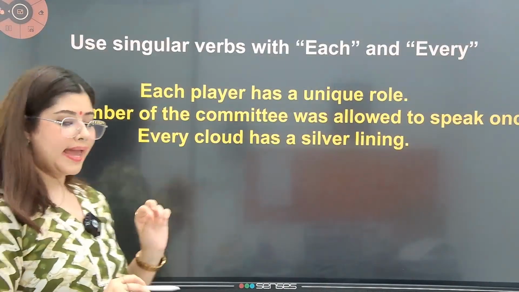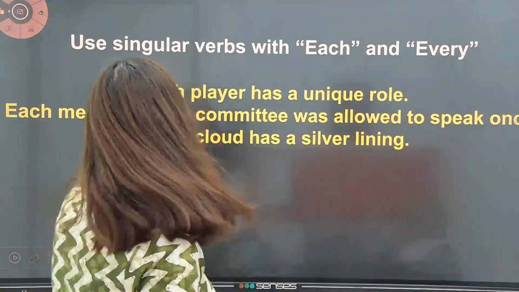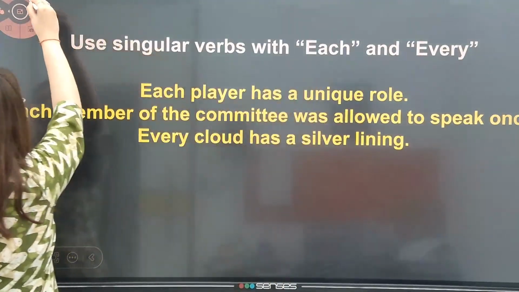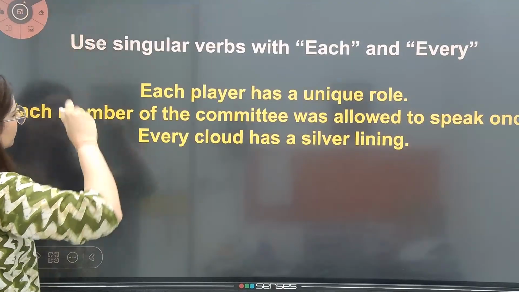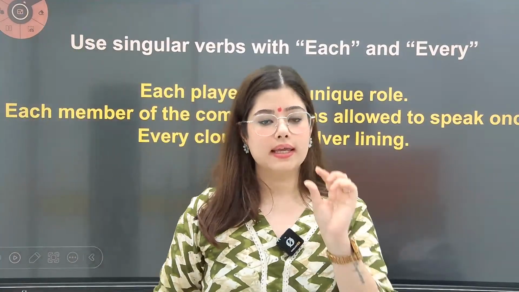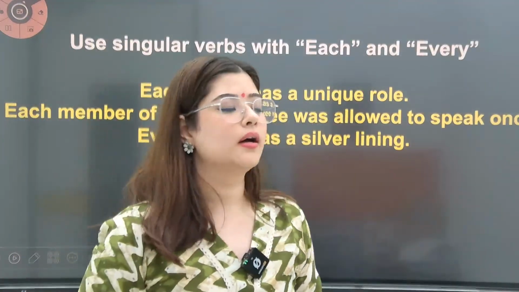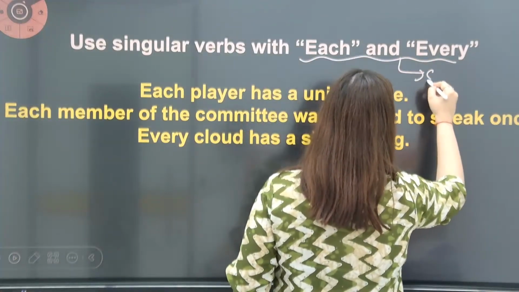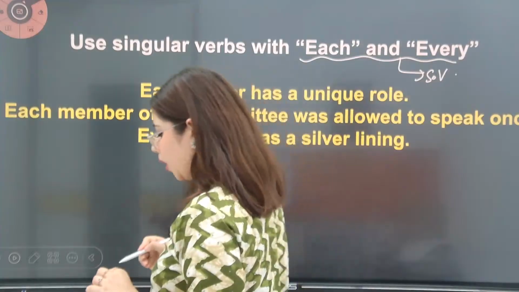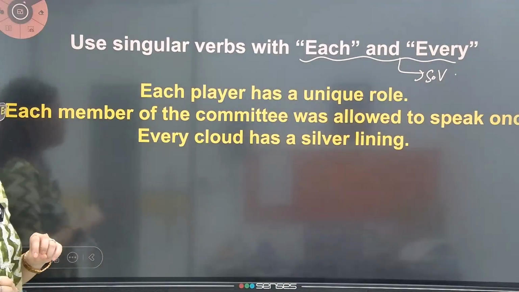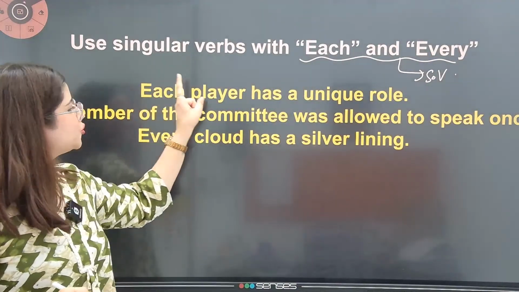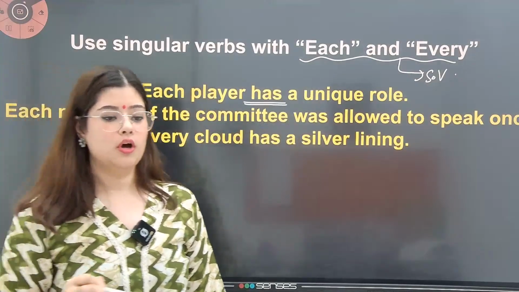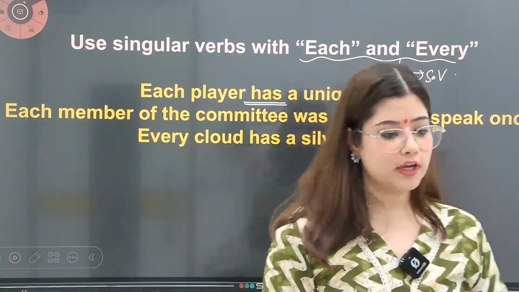Okay. Next tip, next rule: use singular verbs with each and every. Each and every will take up a singular verb. Right? Each player has a unique role, not have a unique role.